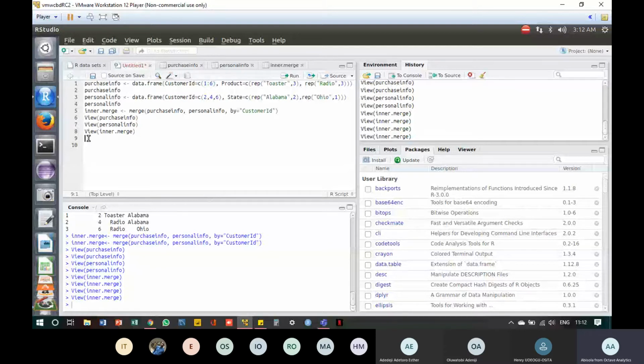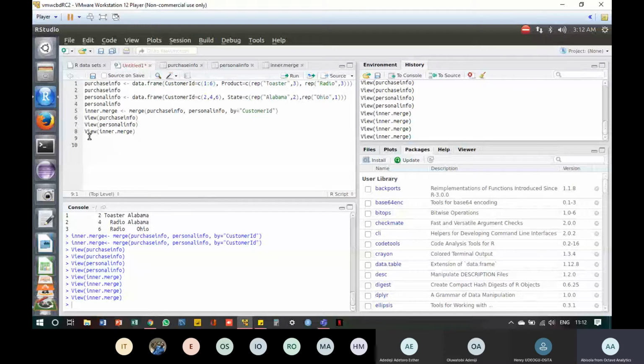So for example, say you have two data frames, data frame X and data frame Y. The left outer join matches all the values that are in X and values that are in Y that are also in X. So that is what the left outer join does.